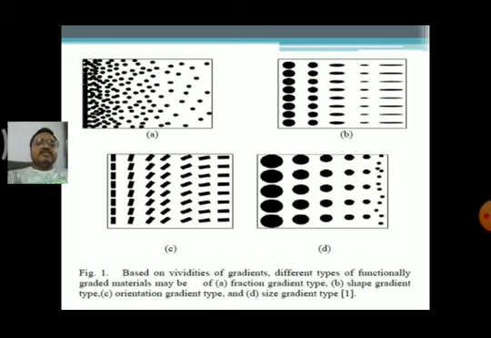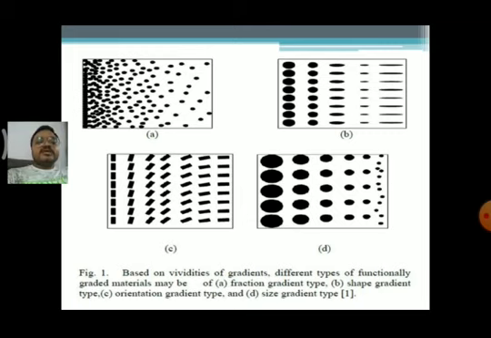The first one is the fraction gradient type. In the first picture, there is a thick concentration of molecules or atoms on the left side. Coming to the matrix and the next phases, the concentration of molecules decreases and becomes thinner on the right side.